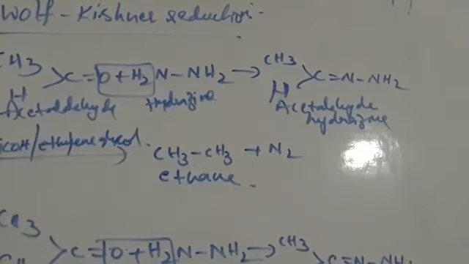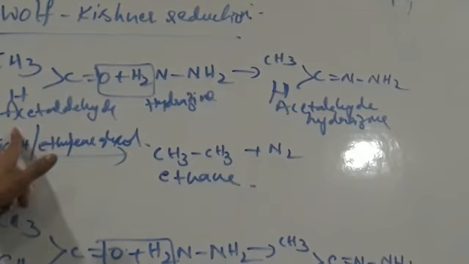Acetone hydrazone in presence of potassium hydroxide and ethylene glycol converts into propane. Reduces it to propane. So this is Wolff-Kishner reduction reaction.